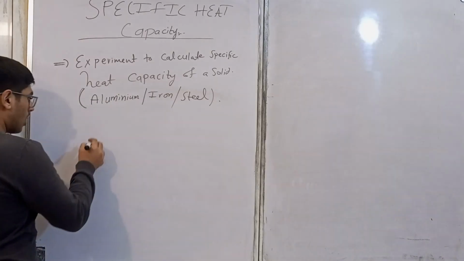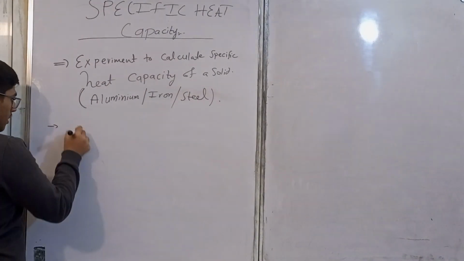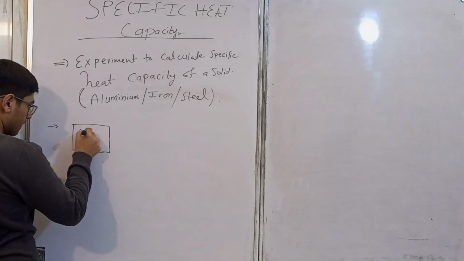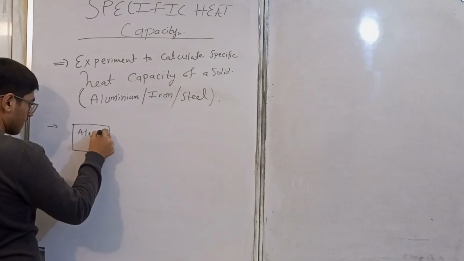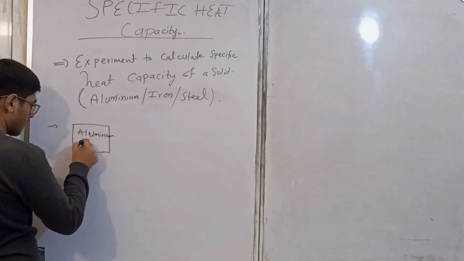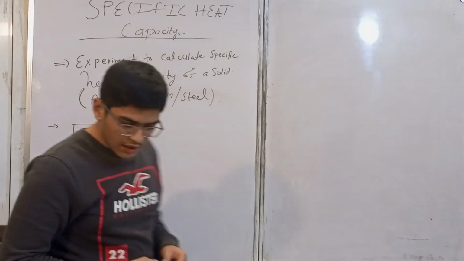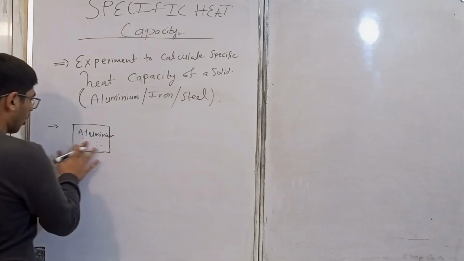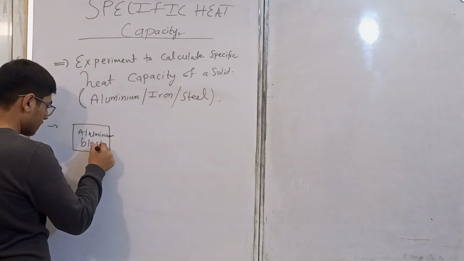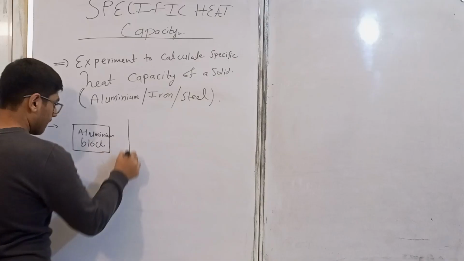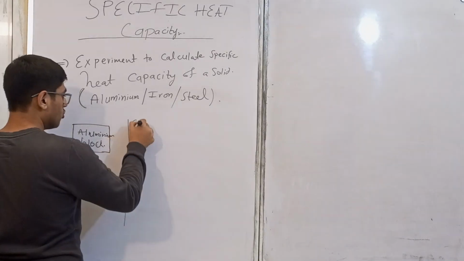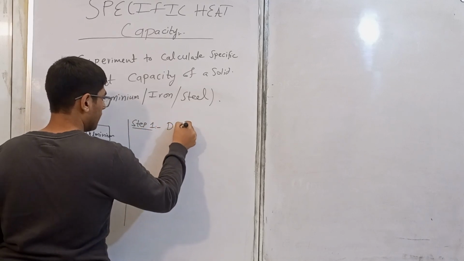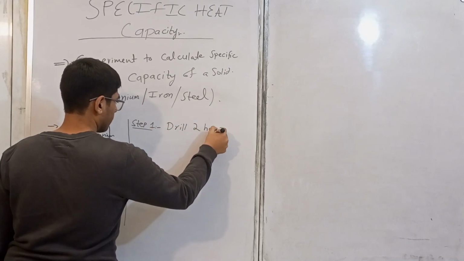Okay, so now focus here. Let's say this is an aluminium block. The first step is to drill two holes in it.